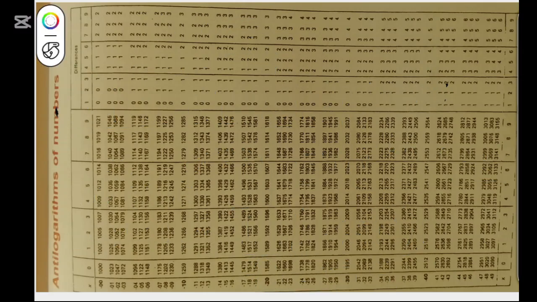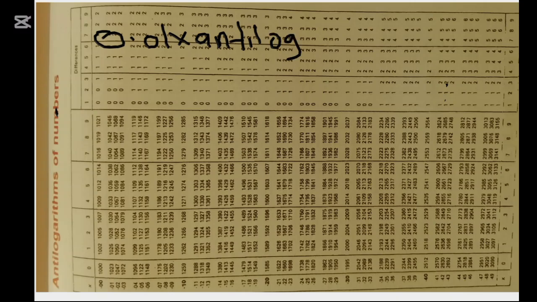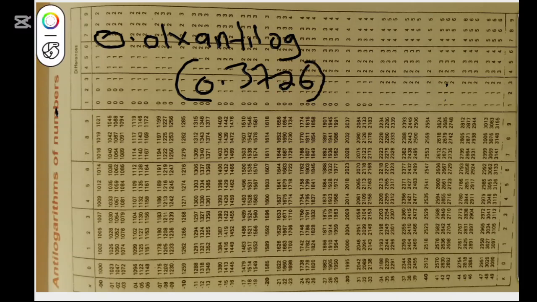So guys, don't forget that we are going to find 0.01 multiplied by the antilog of 0.3726. So how can I find the antilog in this table?